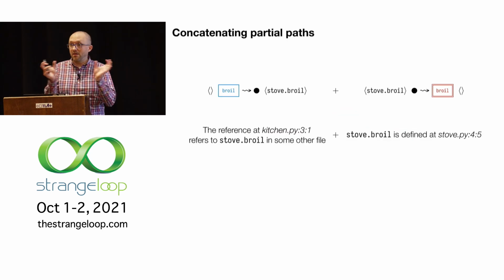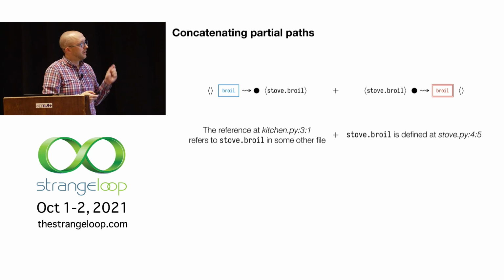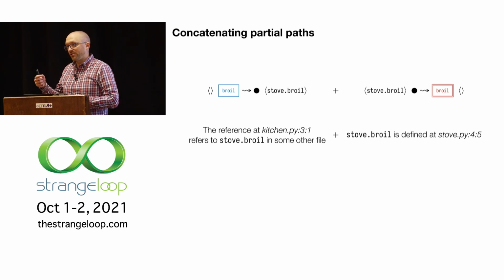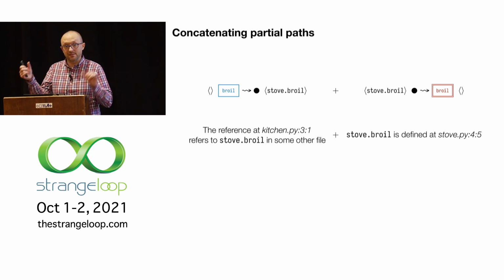And like before, we did this combination step on the English language facts. In the partial path world, that's an operation that we call concatenation. You can concatenate two partial paths, and it produces a new partial path. For that to be valid, the end node of the left-hand side must match the start node of the right-hand side, because otherwise they wouldn't be able to join together.